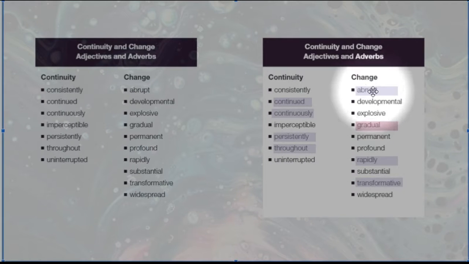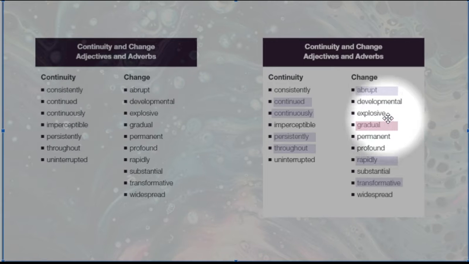Then there's words that show change. Now, sometimes change can be slow, sometimes it can be quick. So if you notice, I picked out some change words here, but I took the regular highlighter to abrupt, which means very sudden, rapid, which means quickly, or transformative, which means something completely changing. I made those purple, but I did gradual in a different color because I wanted to show you that gradual is change over time.